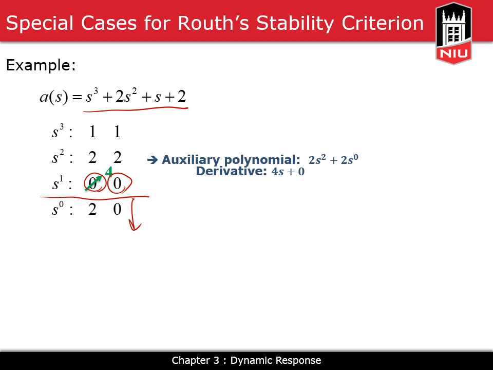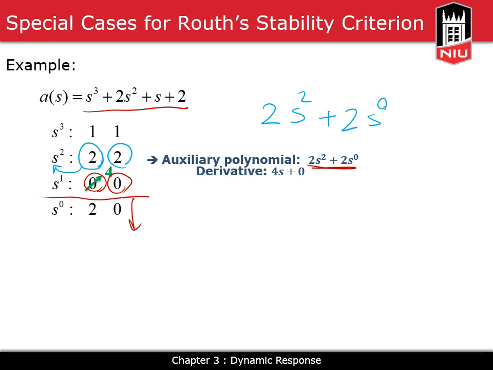The auxiliary polynomial is obtained by using the coefficients in the row above. So what we're going to do is to multiply the first coefficient in the row above by the label of that row. So this is 2 times s squared plus the next coefficient in that row times the s to the power of 2 minus 2, which is 0.